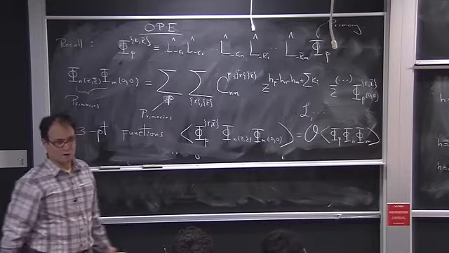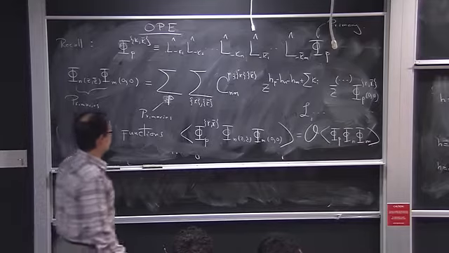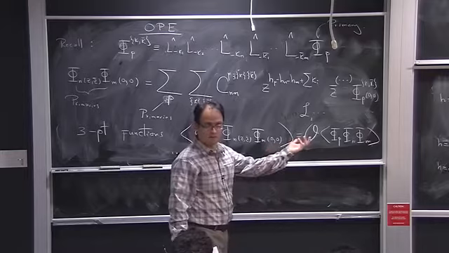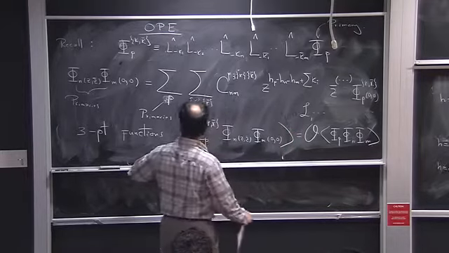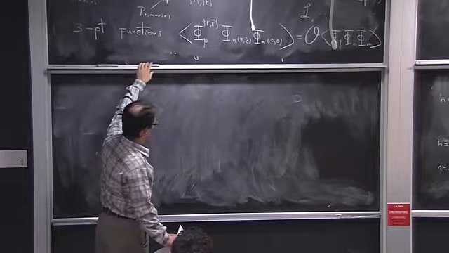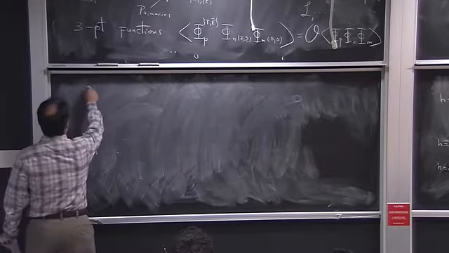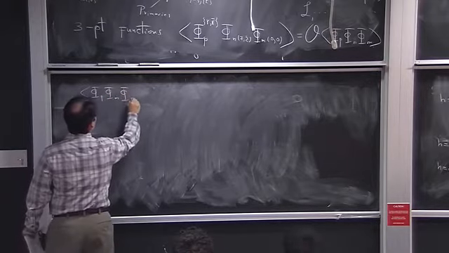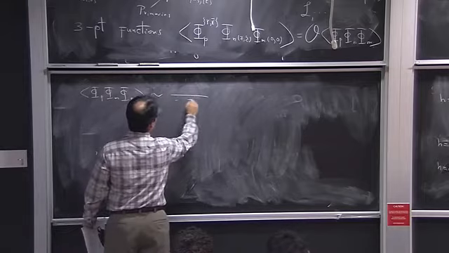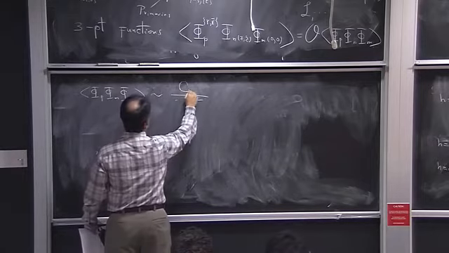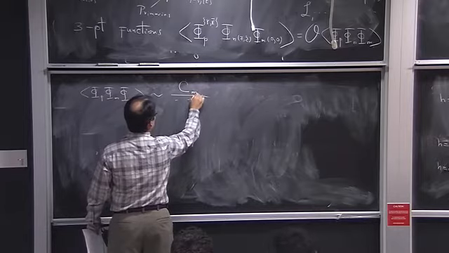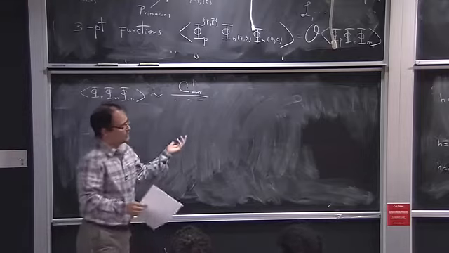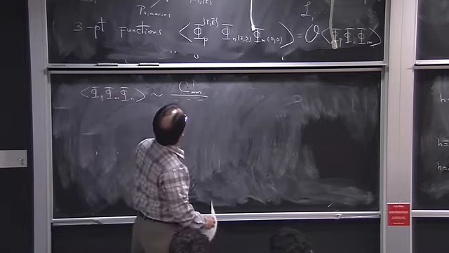But the correlation function of primaries is something that we wrote down in the first lecture, right? Of course, we wrote it down modulo a constant. There is a constant we didn't know, right? So we said that these correlation functions of primaries are all completely fixed by conformal invariance except for some constants that are called the structure constants.